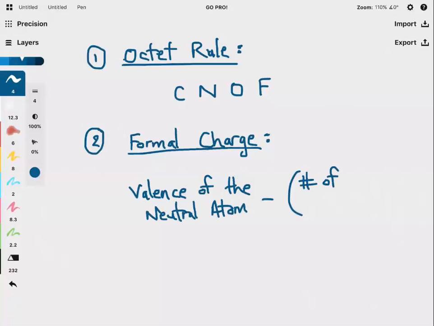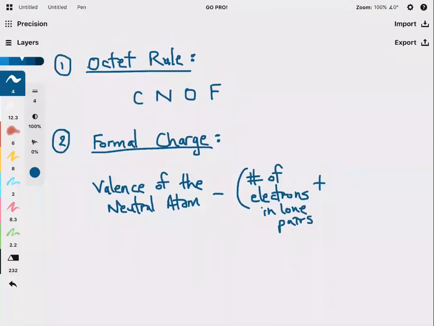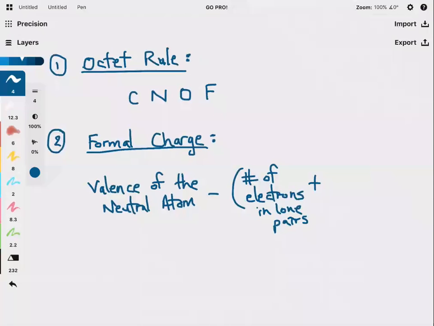total number of electrons in lone pairs plus the number of bonds.